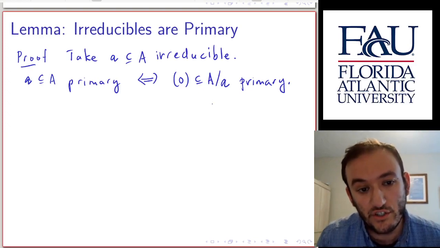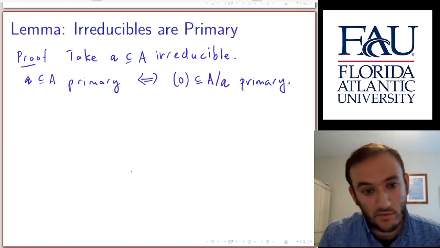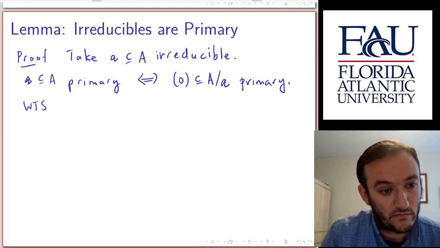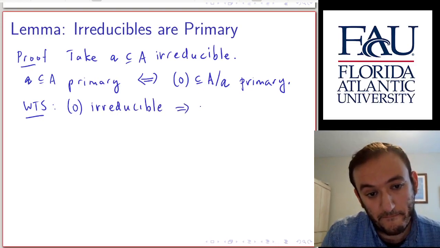So it's enough to show that if the zero ideal is irreducible, then it's primary.